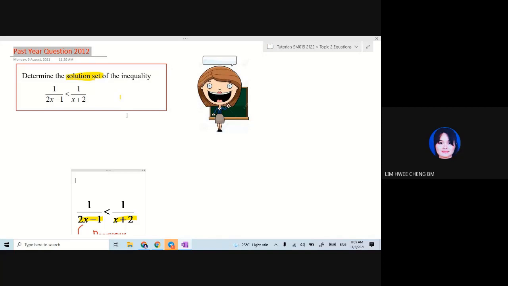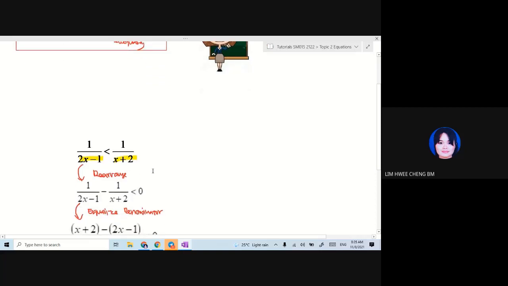First of all, if we read this, we know that this is a rational inequality. So first of all, definitely we have to rearrange and we never cross multiply. We never cross multiply, so we rearrange.